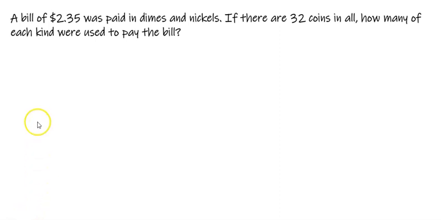Let's make our first equation. We're going to represent the dimes with D and the nickels with N. And we're being told that D plus N is equal to 32.